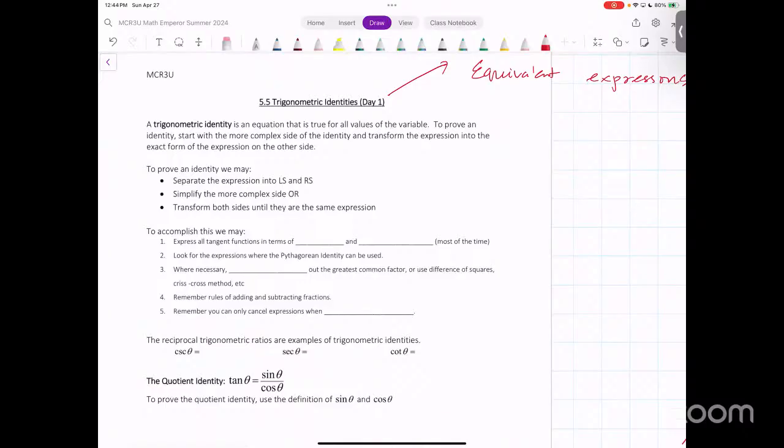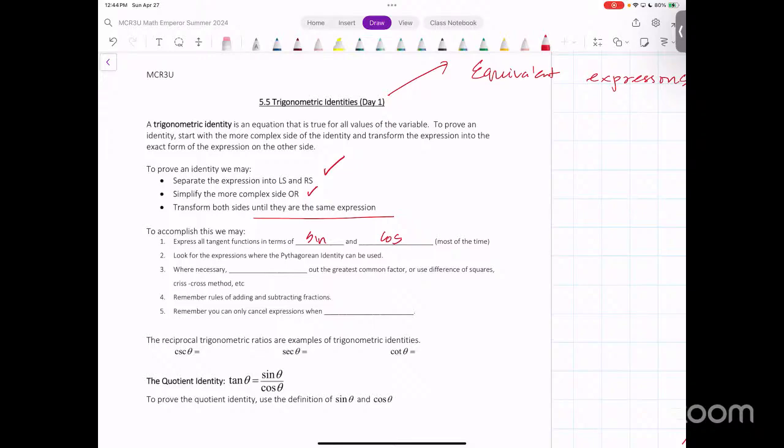To prove an identity, we may separate the expression into left-hand side and right-hand side, simplify the more complex side, or transform both sides until they are the same. Some techniques: express all tangent functions in terms of sine and cos.